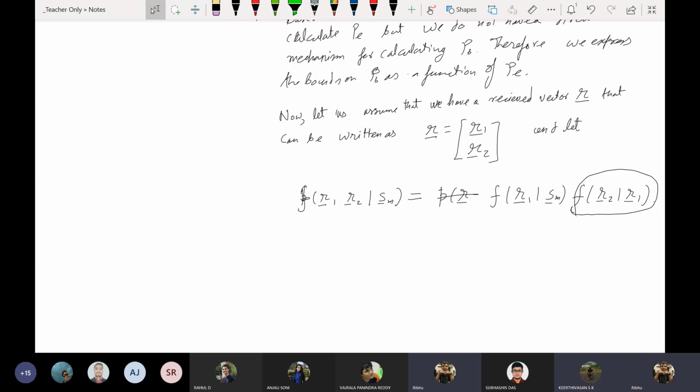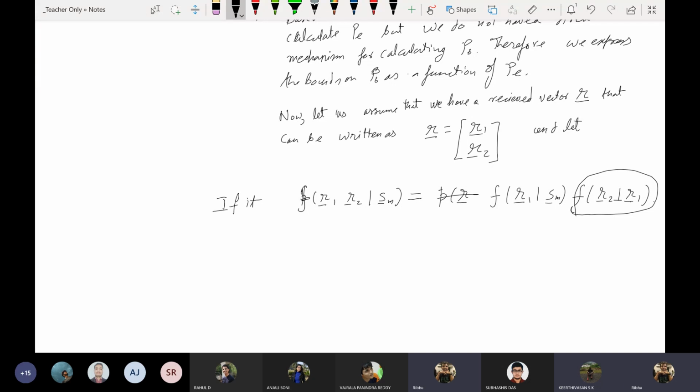If I can write the received vector R like this, and I can write the joint PDF of R1, R2 like this, with R2 depending only on R1 and not on SM, if it can be done.